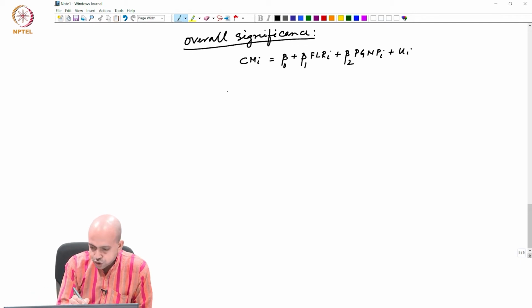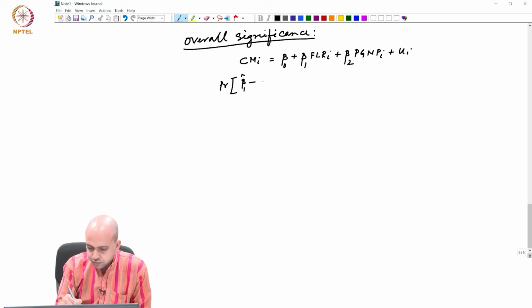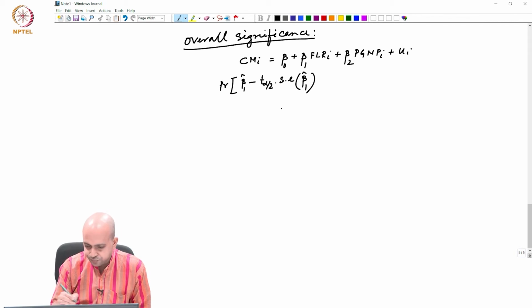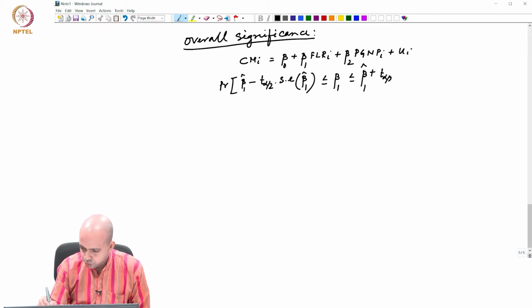Following the confidence interval approach, we will construct an interval and we will say that probability beta 1 hat minus t alpha by 2 into standard error of beta 1 hat is less than or equal to beta 1, less than or equal to beta 1 hat plus t alpha by 2 into standard error of beta 1 hat, equals 1 minus alpha.